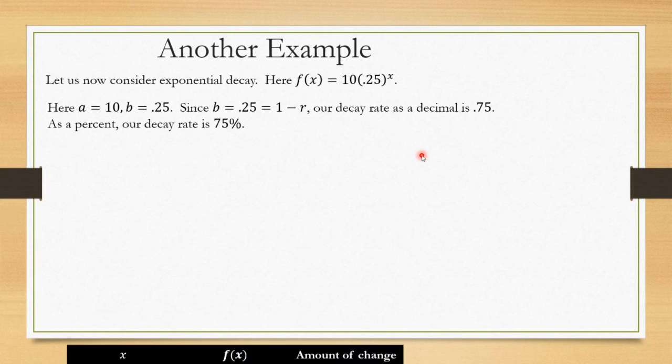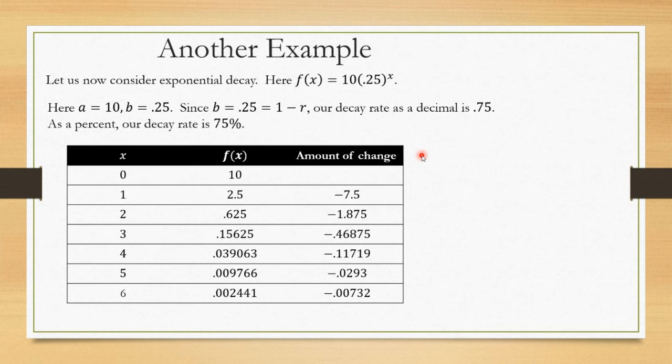Now, what does that really mean? Well, calculation-wise, these are some calculations I did with Microsoft Excel. This is our function, this is the input x, and this is the output we're getting. Notice right away that the amount of change in the function is not constant. For a linear function, it would be. Here, however, it's not.